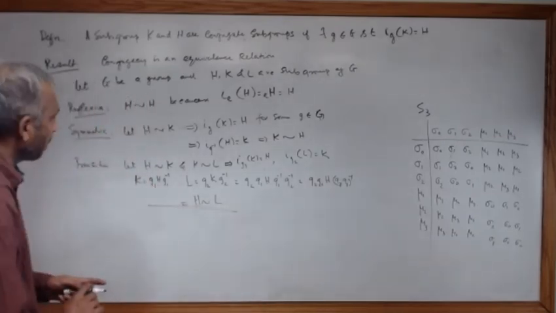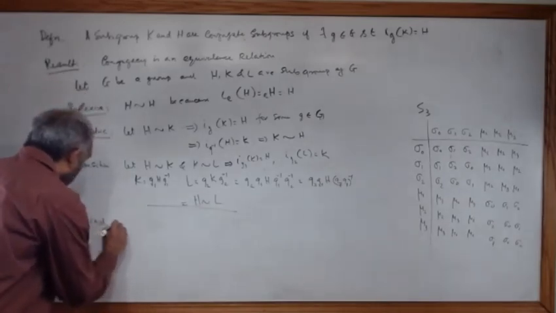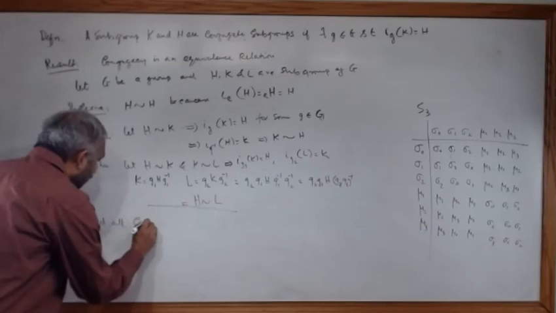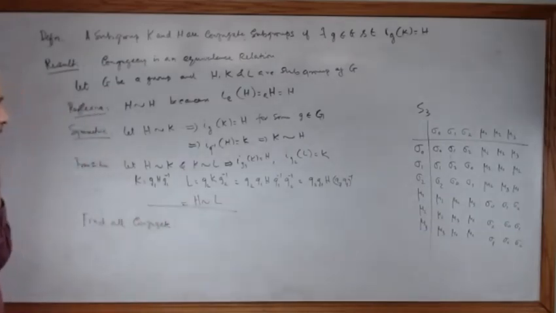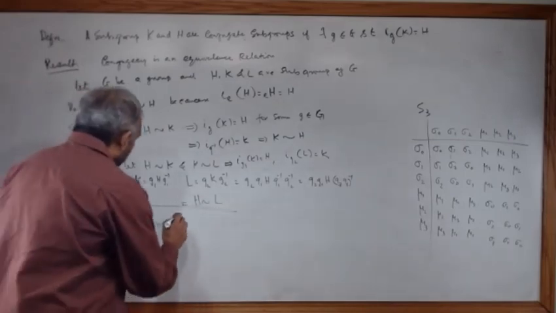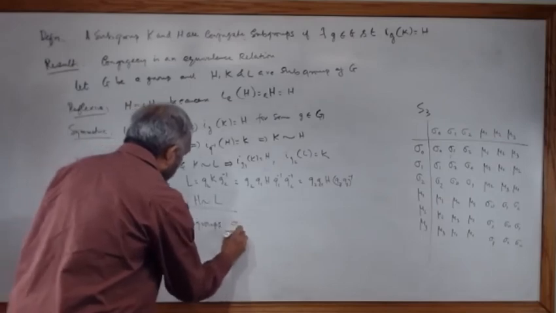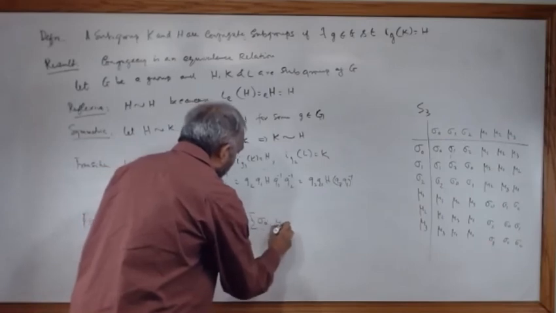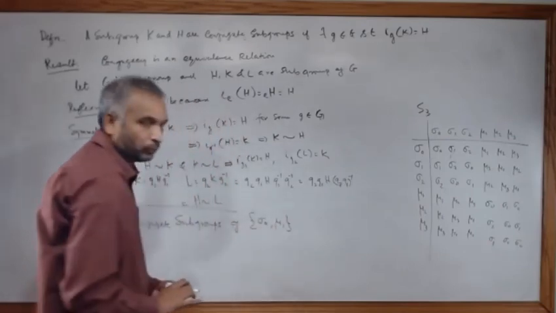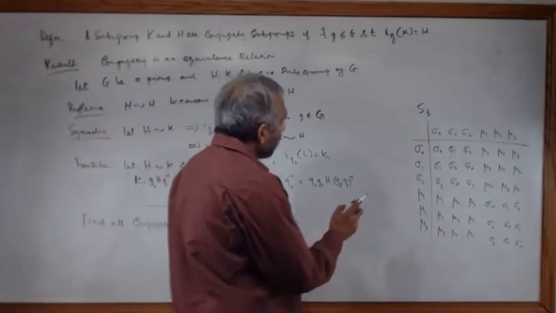So we will do a small problem also. Find all conjugate subgroups of {σ0, μ1}. See, σ0 and μ1.